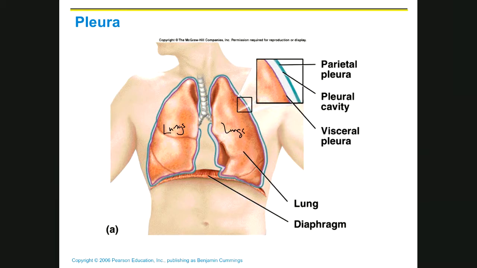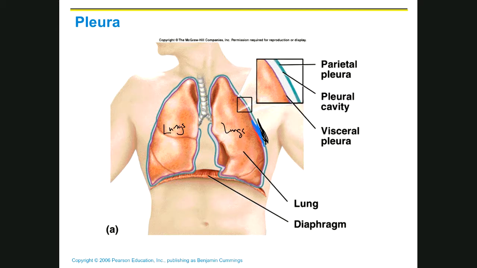And again, there's two layers. There's one layer that does not touch the lung, there's one layer that does touch the lung. And then there's this space in between that's full of fluid. So just like before, we're going to have a visceral, a parietal, and a cavity.